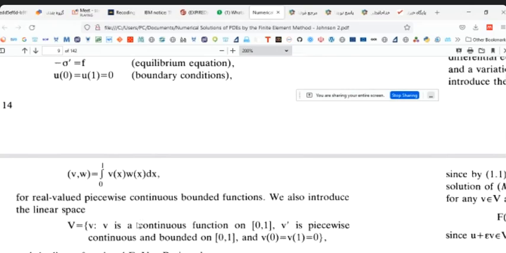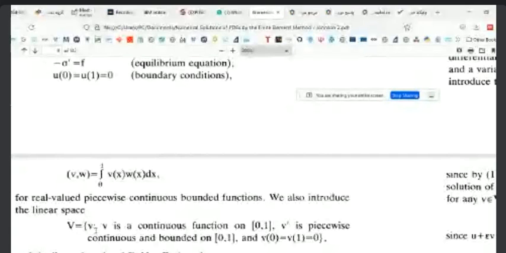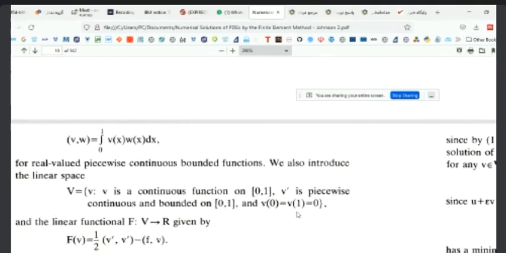V is the set of v, where v is a continuous function on the interval from 0 to 1, v prime, the derivative of v with respect to x, is piecewise continuous and bounded on its domain, as you can see, 0 to 1, and v0 equals v1 equals 0 as the boundary condition.